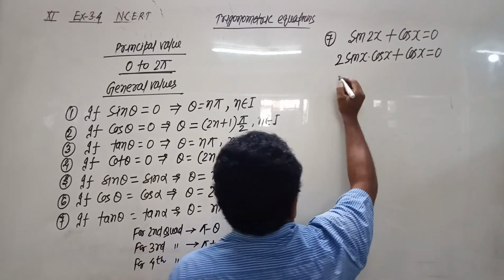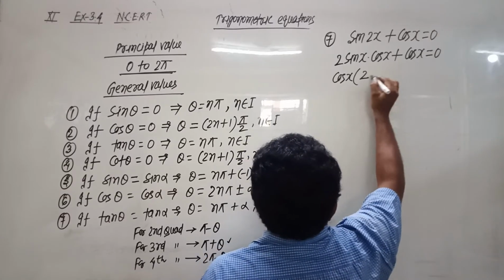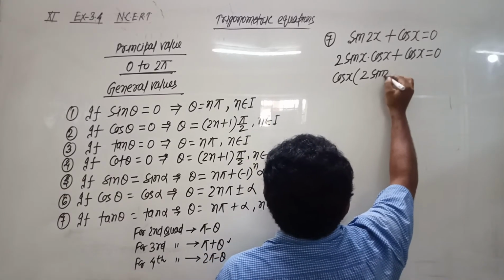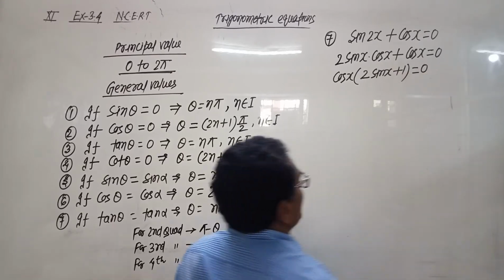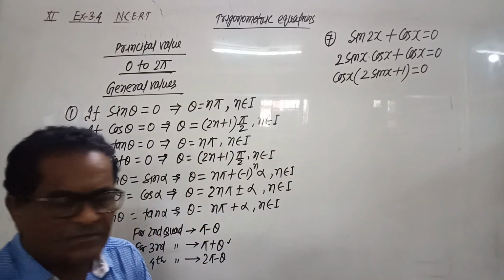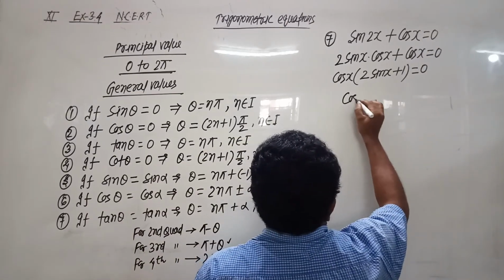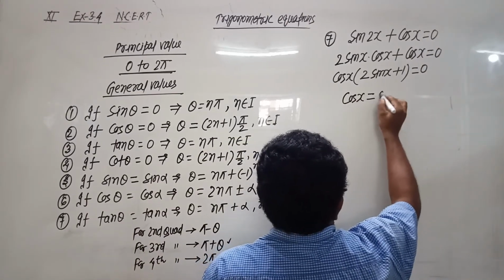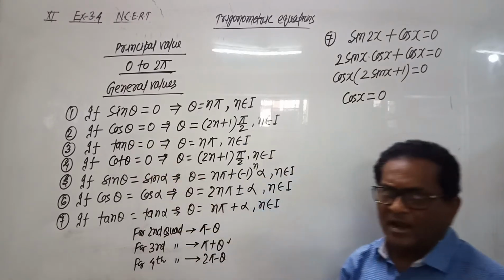From these two terms, cos x is taken common. So we get cos x (2 sin x plus 1) equals to 0. So the first value which we get, cos x equals to 0. And for general solution we use this formula number 2.